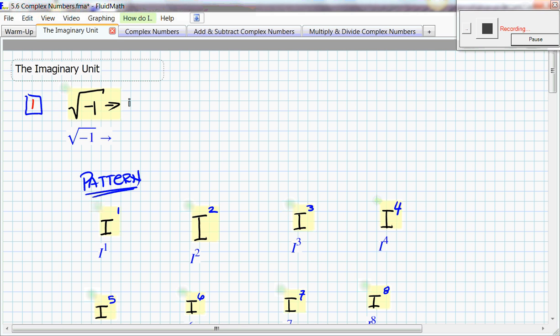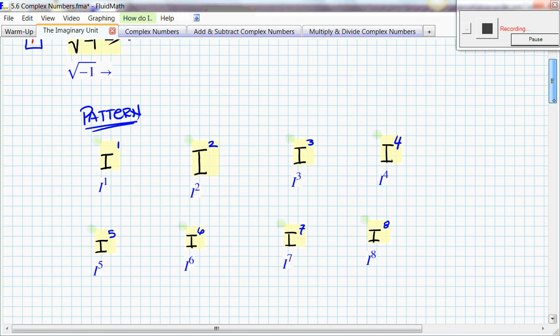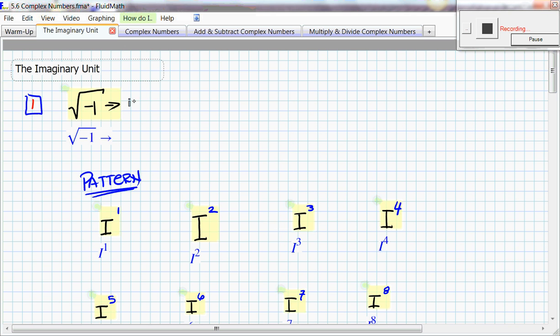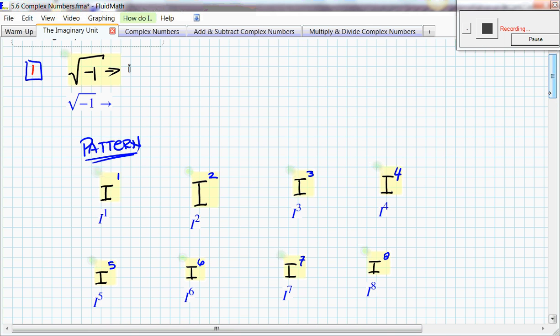Now, once you got that part down, then we start to talk about the pattern, okay? So I want you to see if you can discover the pattern. Now, my computer program recognizes i as a capital letter, but usually it's written like it is right here in math books as this funny little i thing, okay? So, if i is the square root of -1, then what would i to the first be? That would just be i, right?